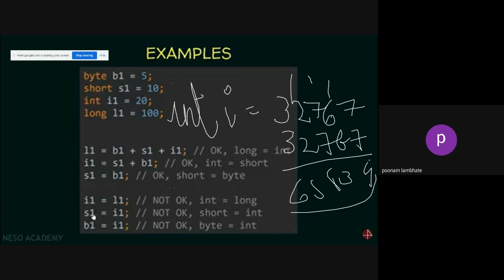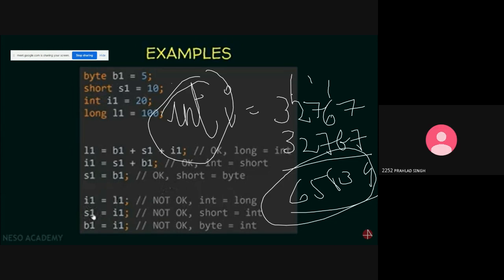As you can see here, the size is exceeded. So this comes under long, 65 whatever. If you're trying to store a big value inside an int which does not have the capacity, then it will give you an error. So you must be careful about this. If you are sure the data is very big, you can go for long.